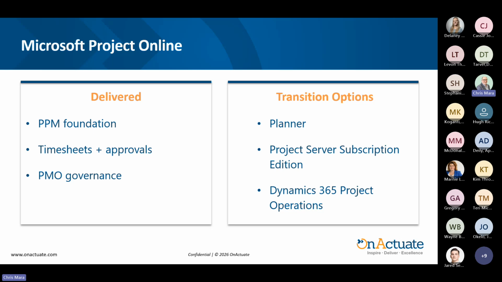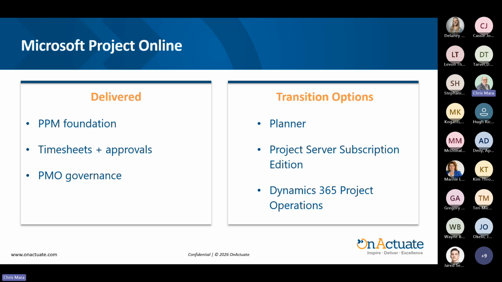So centralized time entry, formal timesheet approvals, and an alignment between task progress and reported effort. In addition to all that, it also provided some extensibility. So it gave you the ability for custom fields and workflows, SharePoint and Microsoft 365 integration. But a limitation is that it has limited Power Platform extensibility capabilities.